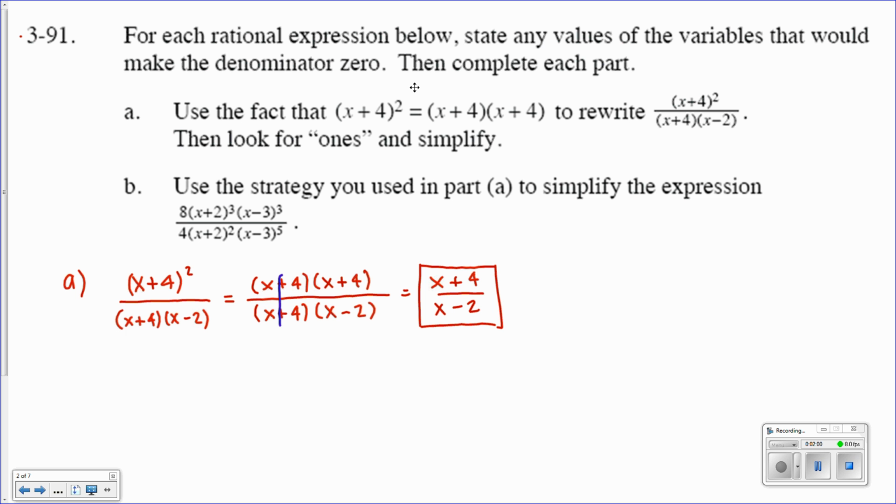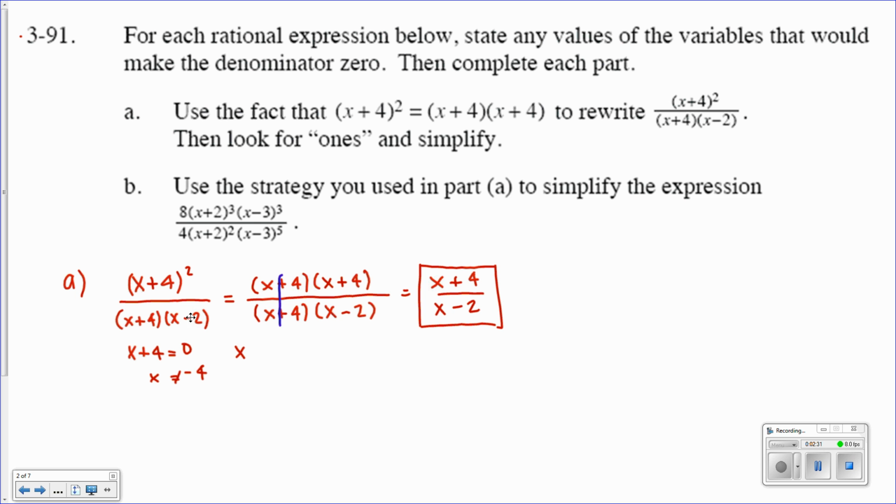I guess I forgot to list the values that would make the denominator 0. Well, we have to look back here. If you take each part of your denominator, you have x plus 4 and x minus 2. We want to figure out what would make this one equal 0. If x plus 4 was 0, then if you solve it, x equals negative 4, which means we can't have negative 4 for x, because then we'd have 0 for our denominator.